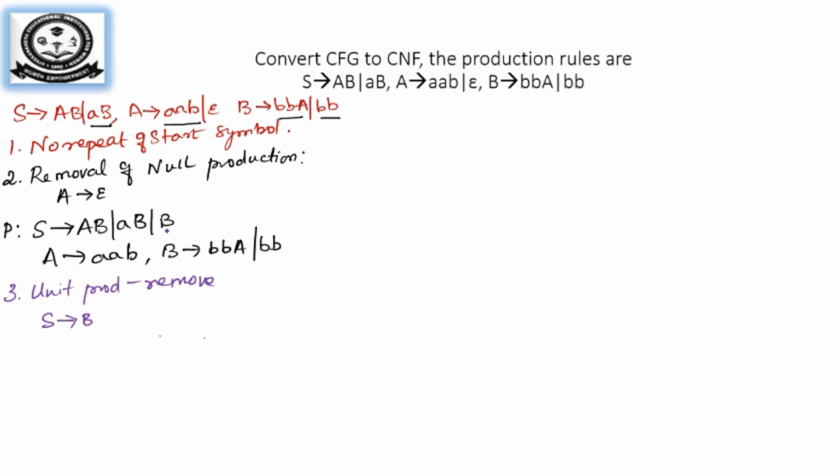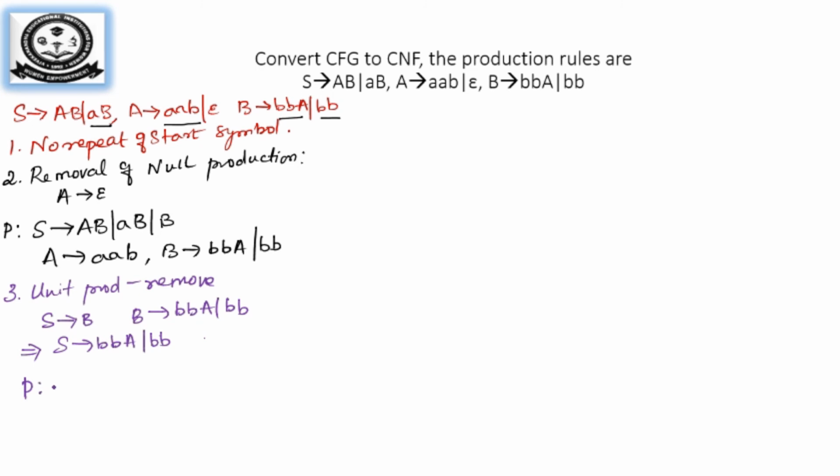So instead of S tends to B, B must be replaced. B tends to BBA or BB, so that should be replaced. Therefore S tends to BBA or BB must be included in your production rule.